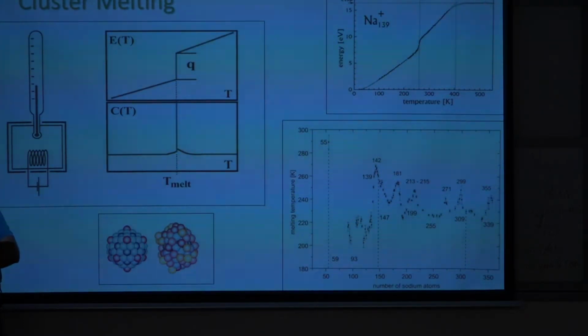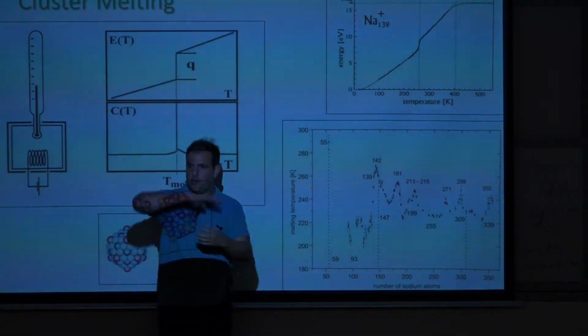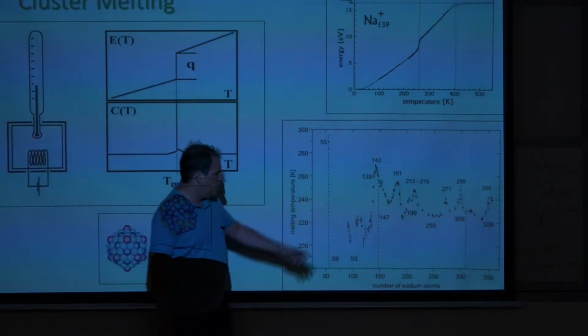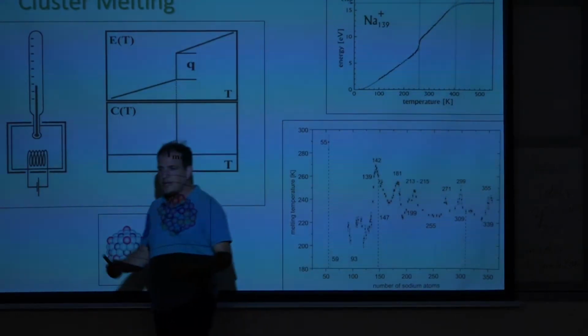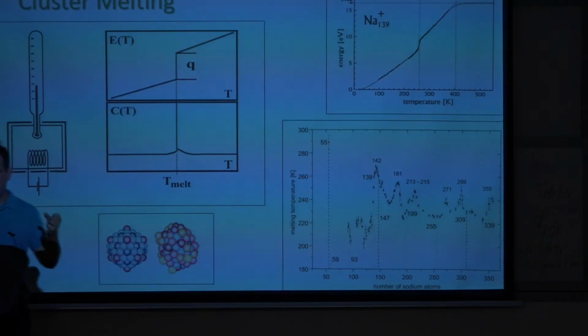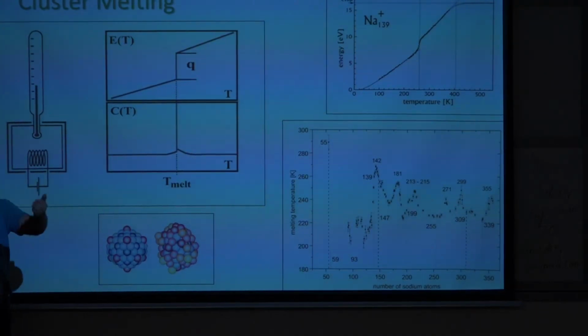They didn't find a connection between the magic numbers from the Jellium model, where you complete electronic shells and get many very stable clusters, and the melting temperatures.